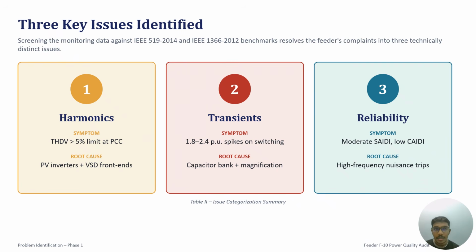And lastly, reliability. We observe moderate SAIDI but unusually high SAIFI, which points to a root cause of high-frequency nuisance tripping rather than sustained outages. So these three issues now define the rest of our technical work.